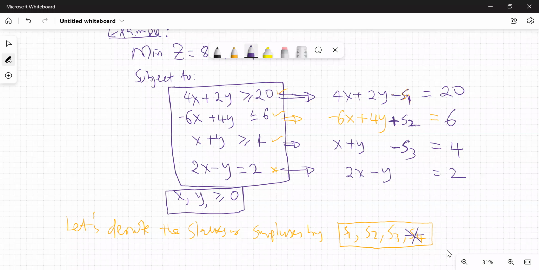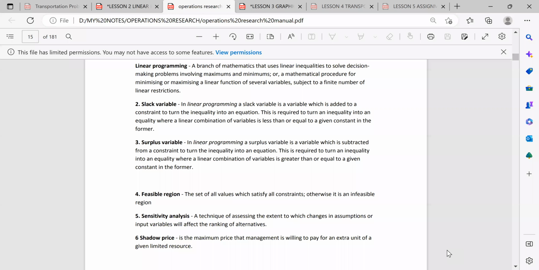Based on this, S2 is a slack variable, and S1 and S3 are surplus variables. I hope you can see that. A slack variable is a variable which is added to a constraint to turn the inequality into an equation, and this usually happens when you have a less than or equal to.